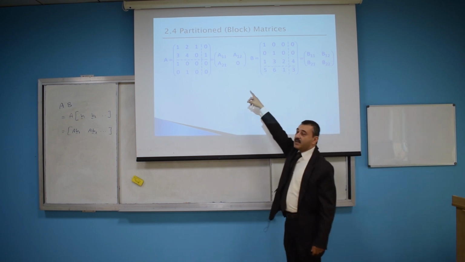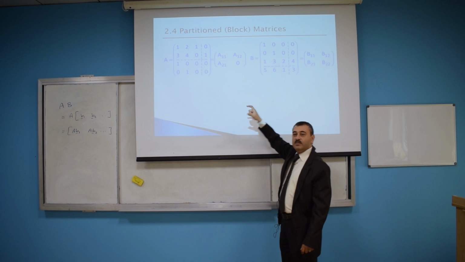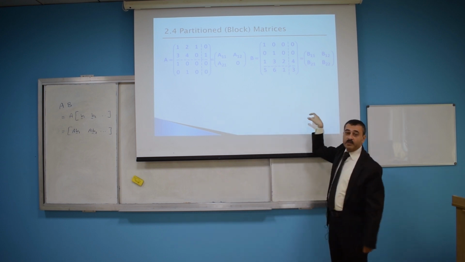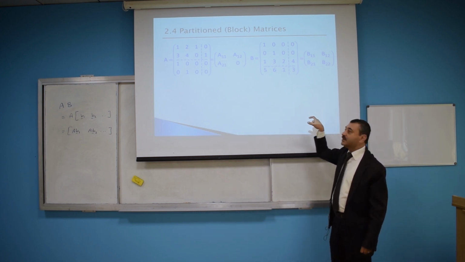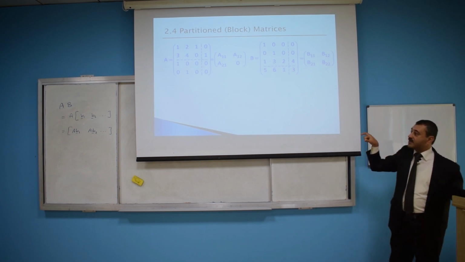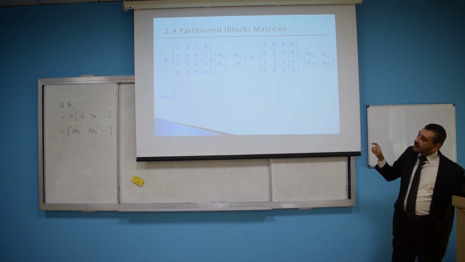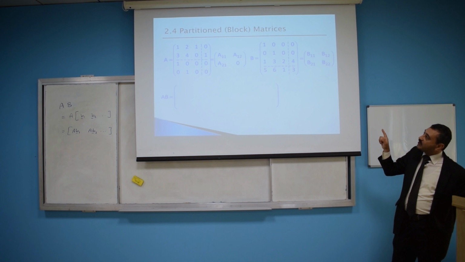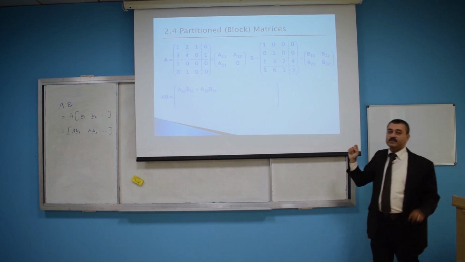I took from this guy the first row of blocks multiplied by the first column of blocks of the matrix B. So this would be the first entry.